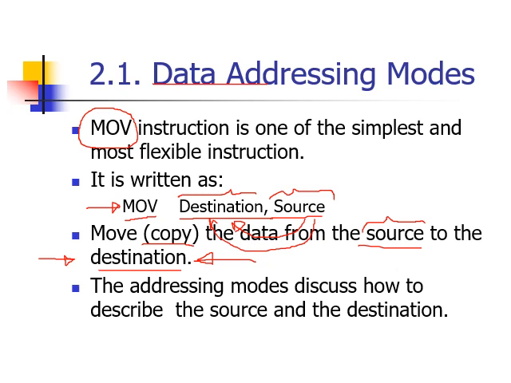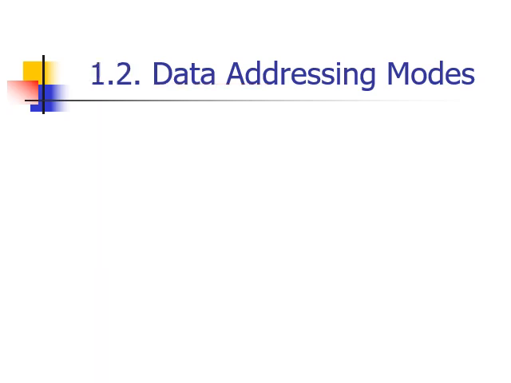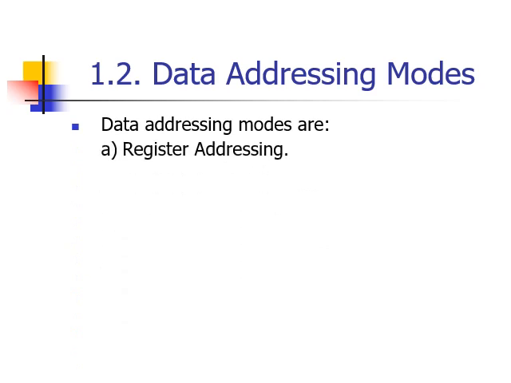Okay, how to describe the source location and the destination location? This is the purpose of the addressing mode. We have different addressing modes to describe both source and destination location. Okay, data addressing modes are register addressing mode.